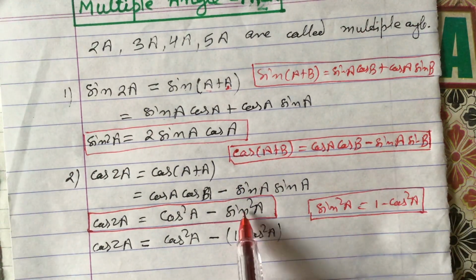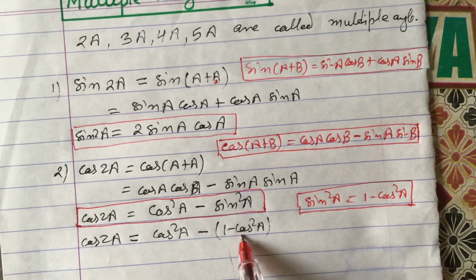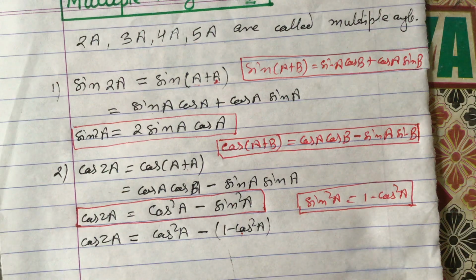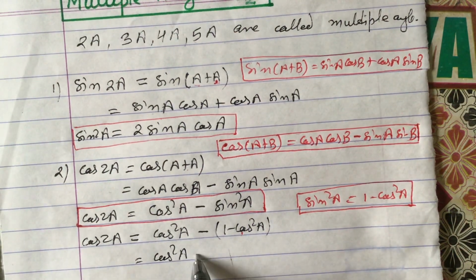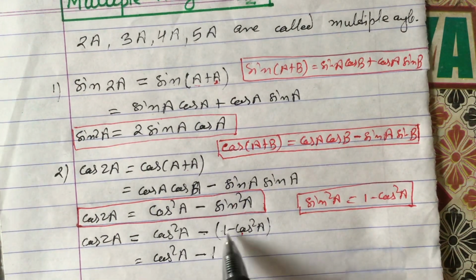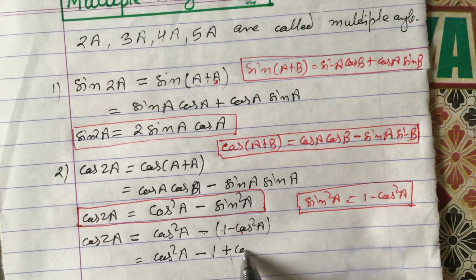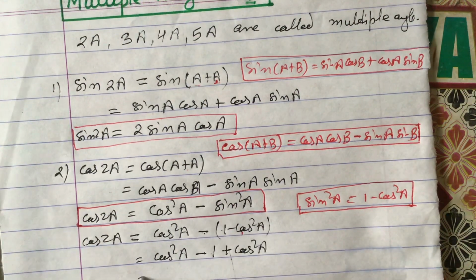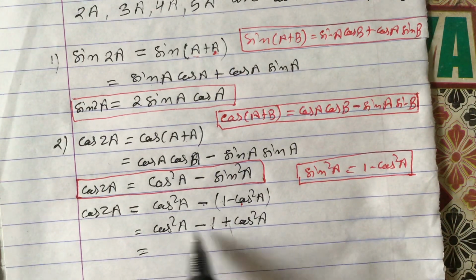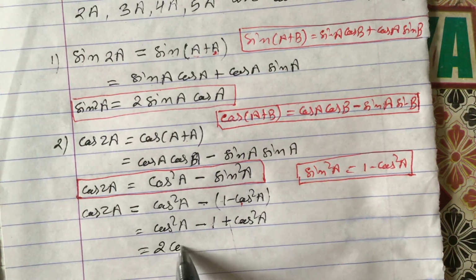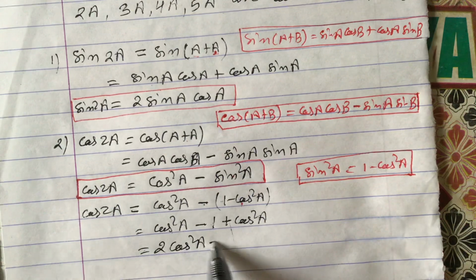If you apply this formula in place of sine square here, then your new formula will come. That is, cos square A as it is, minus times plus is minus 1, minus times minus is plus, and then again cos square A. Now this cos square A and cos square A are like terms, so we can add and you will get 2 cos square A, and the minus 1 as it is.